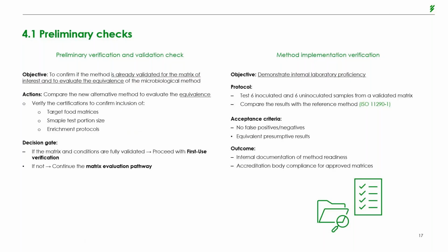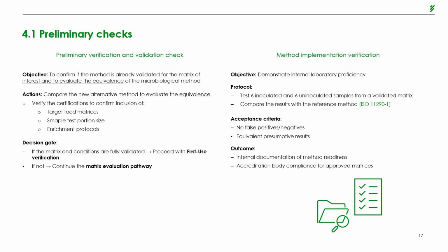To do this, we have some preliminary checks that must be considered. The first is a preliminary verification and validation check of this method. That is, we just need to confirm whether the alternative method of interest is validated for the target matrix, and also evaluate the equivalence of this alternative method against the reference method or another alternative method.